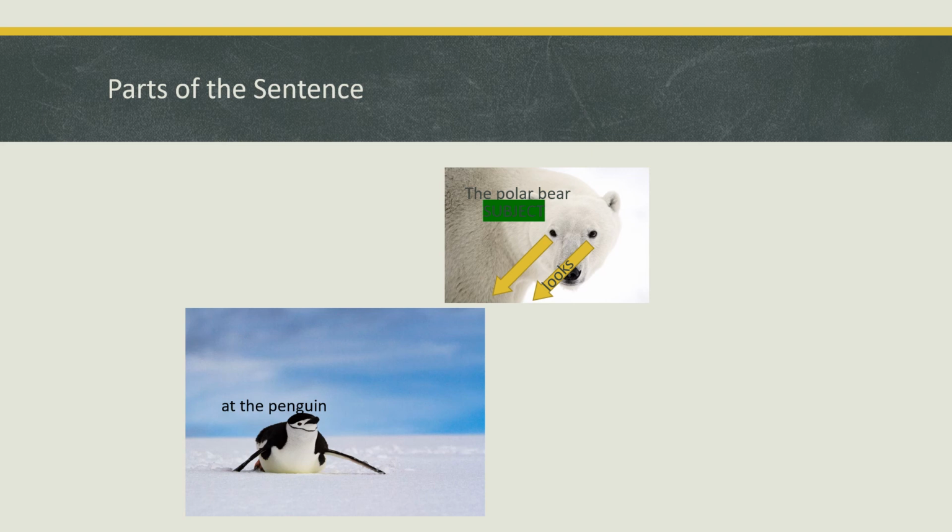So the polar bear becomes, again, the subject. Looks is the verb, and at the penguin is the predicate, right? So in this case, this is a complete English sentence.